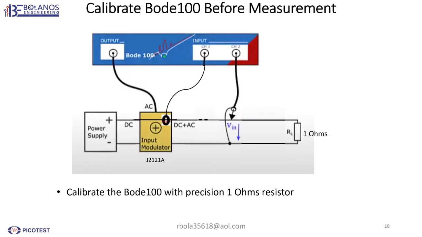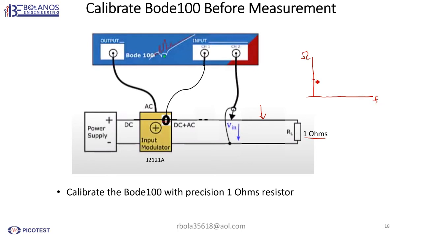Now before you hook it up, you want to make sure that it's calibrated, and again you can see it's exactly the same connection. The only thing is, instead of putting the power supply here, you actually connect a precision 1 ohm resistor. Then once you run the calibration script or file, you can do a measurement with the 1 ohm resistor, and this will be in ohms and frequency.